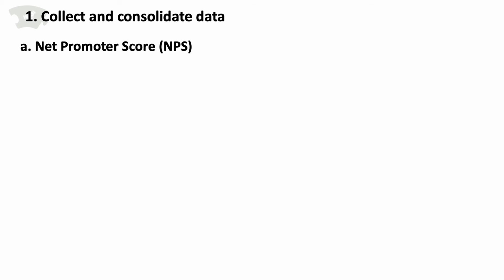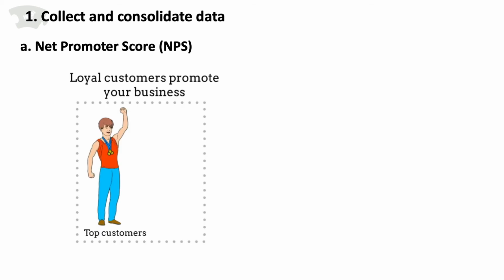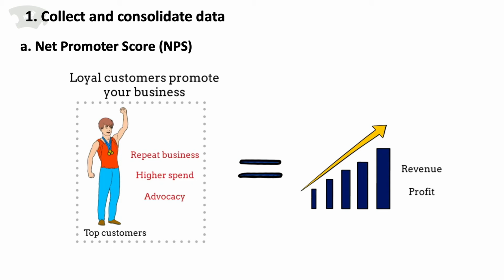Promoters are most likely the loyal customers who, in addition to giving you repeat business, spend more money with time and also market your business to others. Every business should therefore aim to convert the bulk of their customers into promoters, as this translates to more business. The NPS score is also a great tool for helping you narrow your focus on the detractors to prevent them from churning.